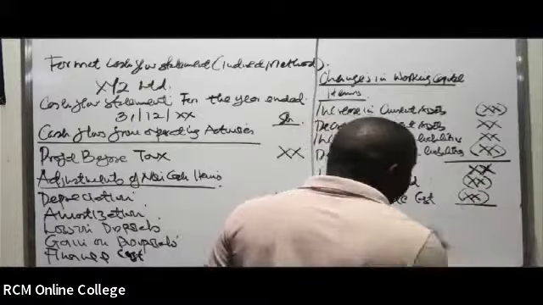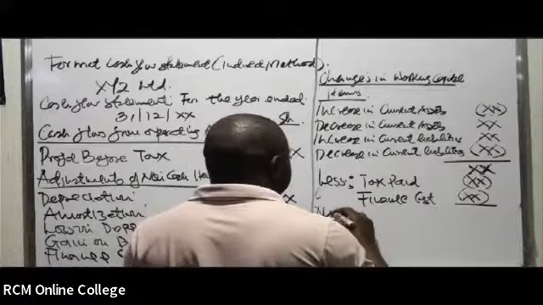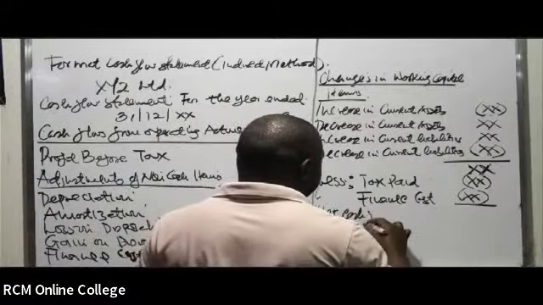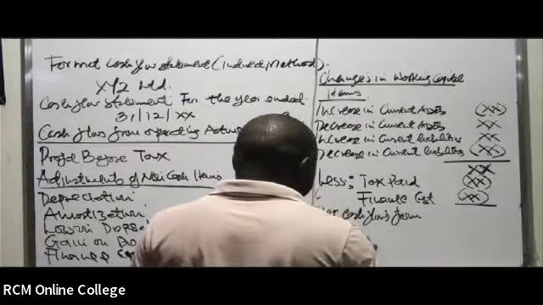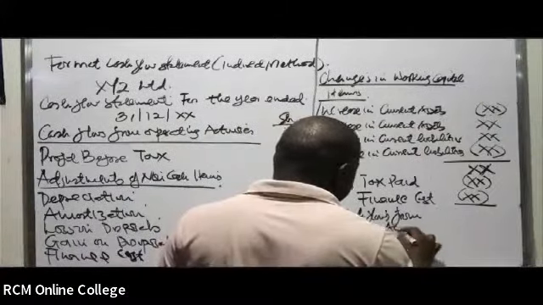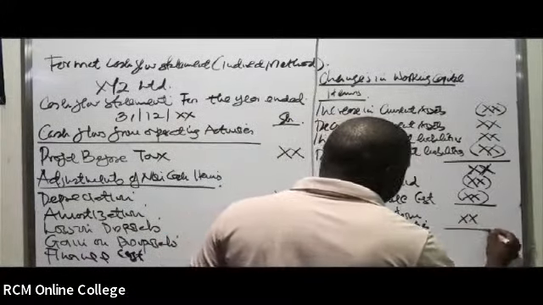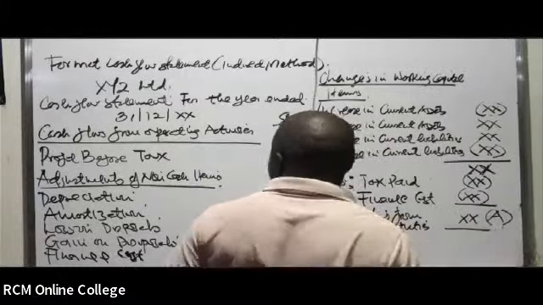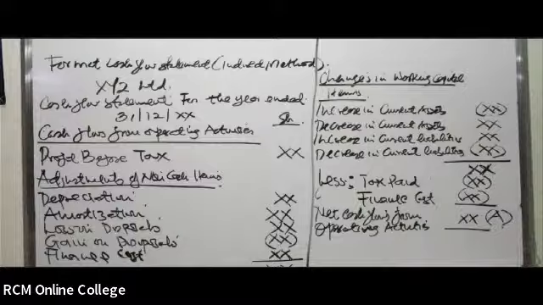So you are able to get the net cash flows from operating activities. That basically will be your first part of the cash flow statement. The cash flows from operating activities, you close it there.